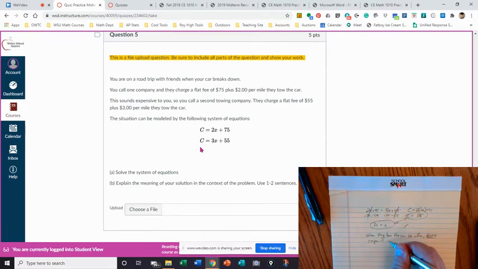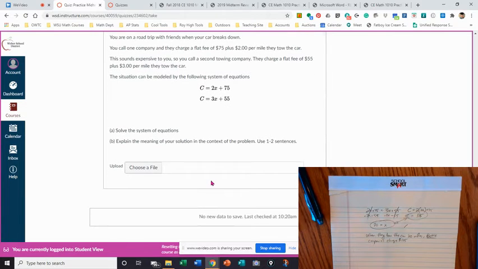Both companies, both of them, I have to clearly communicate I understand both. Do you get that? Both companies charge $115. That's a cheap tow. I've towed my car lately. That's a cheap tow. Okay, that's it.